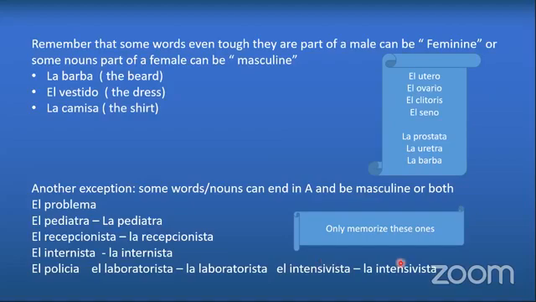Or you can hear, hola, buenos días, yo soy la doctora Jácome, yo soy la intensivista. You see how it ends in A. When the guy was talking, he was saying, yo soy el doctor o el técnico, with O. When there's a female, it is A. Let's see.